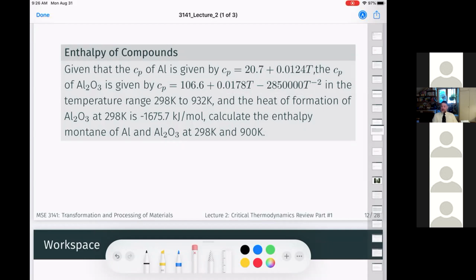Okay, so here we have the specific heat of alumina and the specific heat of aluminum over some temperature range, in this case 298 Kelvin to 932. And I also give you the heat of formation of alumina at room temperature. And we want to calculate the enthalpy change of aluminum and alumina.